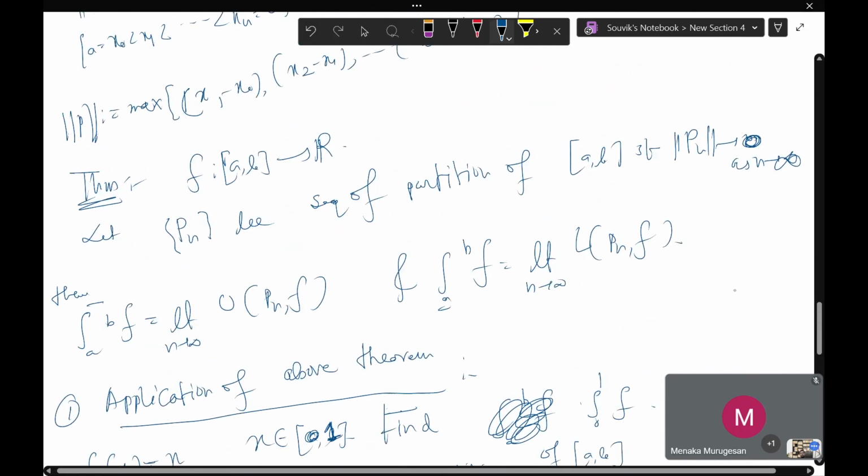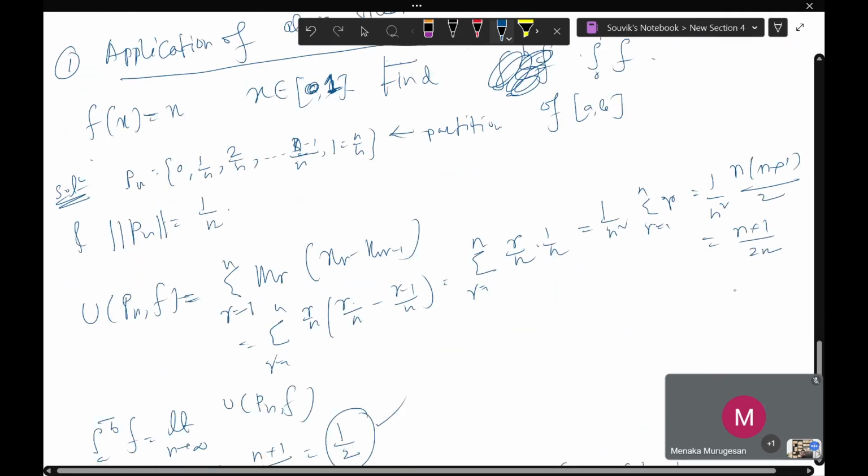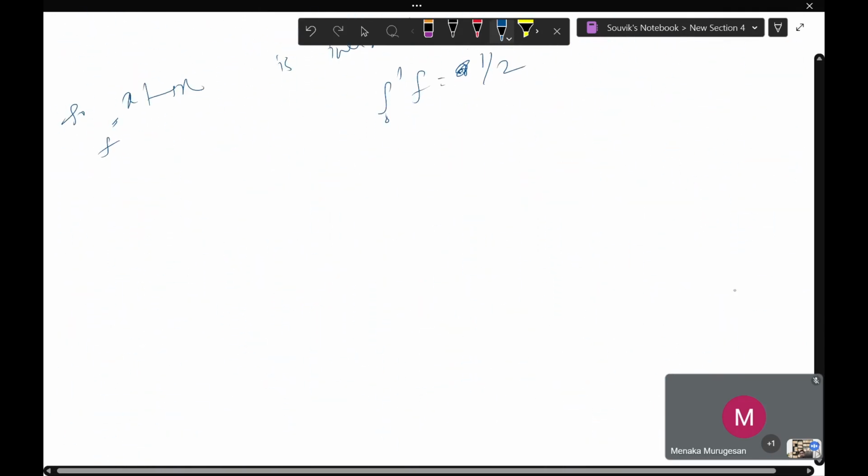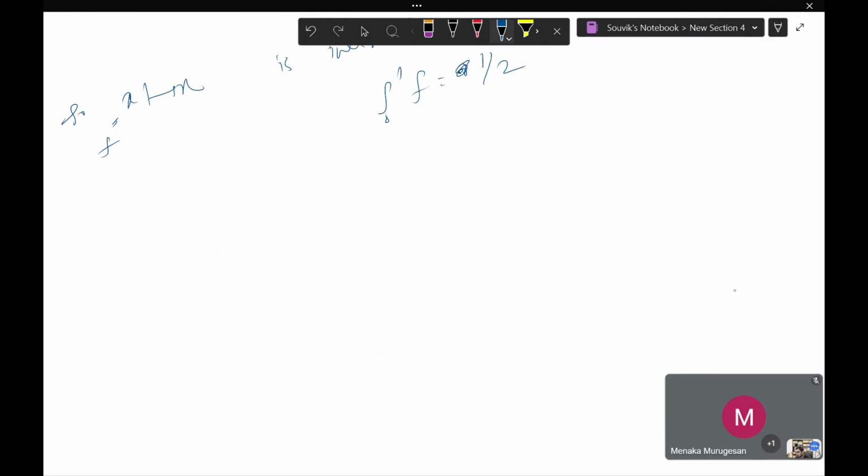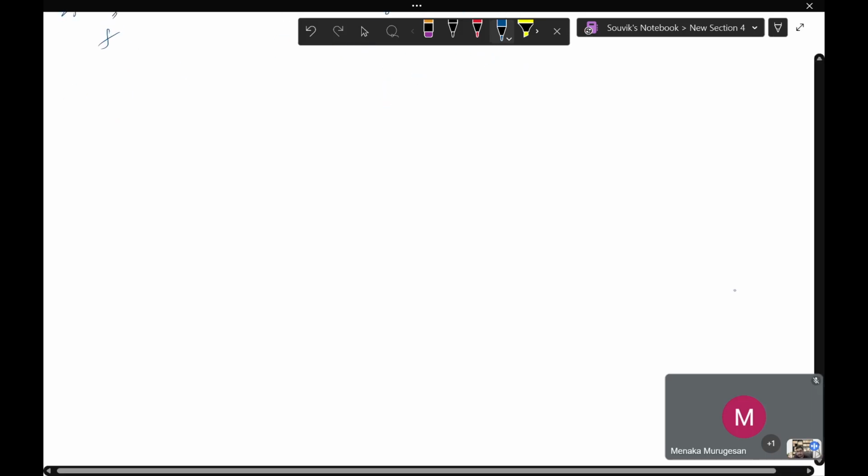And by a similar process, we can show that the integral of f from a to b is equal to b square minus a square by 2.